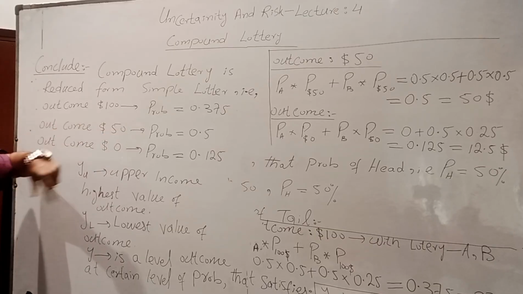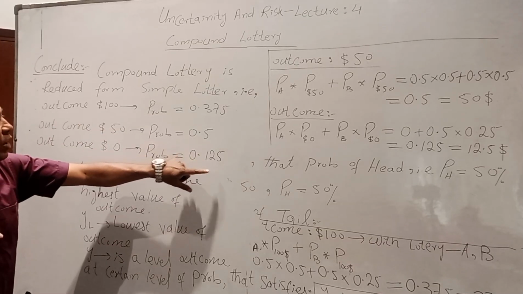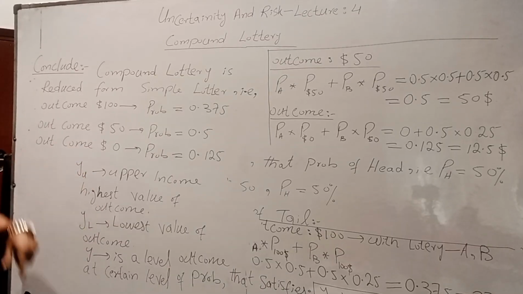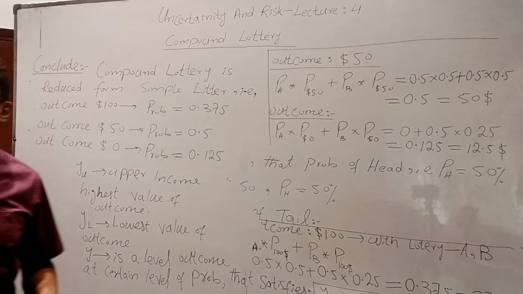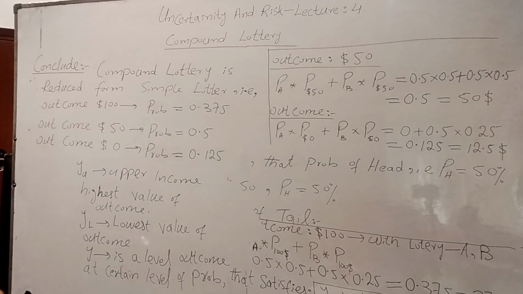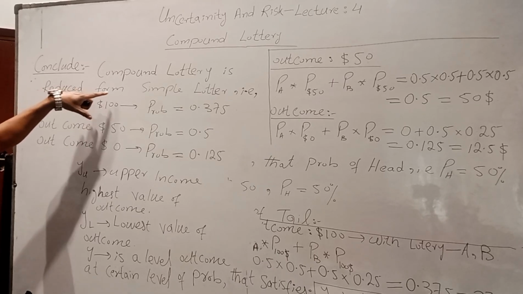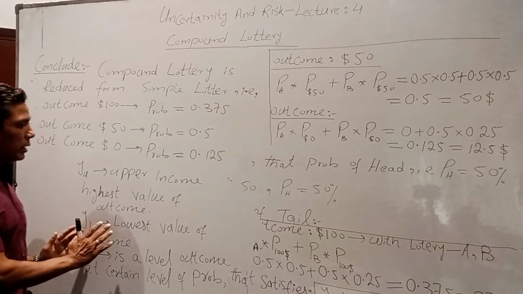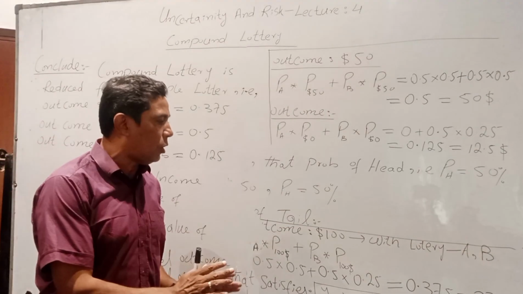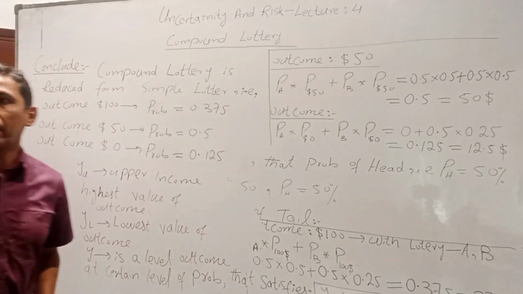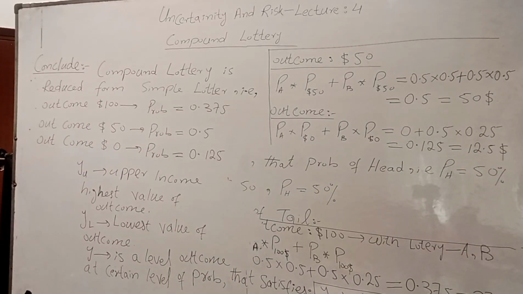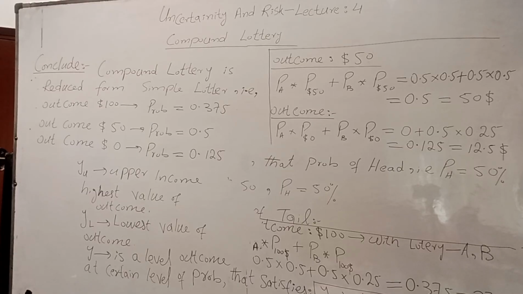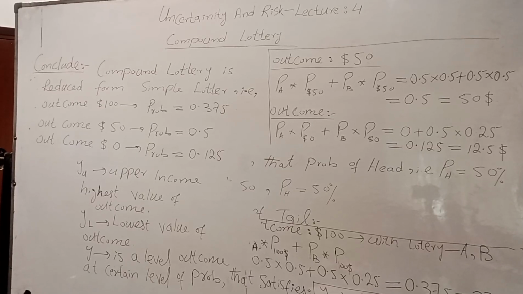And there is a 0.125 probability to win $0 in case of lottery A and lottery B, right? So these are the compound lotteries which reduce to the form of a simple lottery, and which satisfy that important axiom or property of prospect or lottery. Clear? Any question?